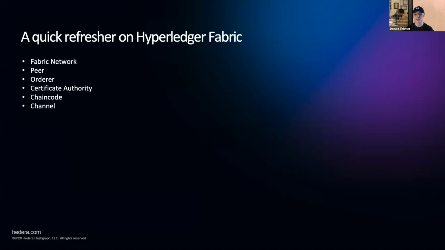I'm going to also quickly give you a refresher on some of the components of Hyperledger Fabric that we'll mention in this webinar. The Fabric network refers to the network of participants who have built a distributed application for something like supply chain, or for identity management, or for financial markets. And it refers to the actual blockchain that is shared between those participants for the purposes of that use case.